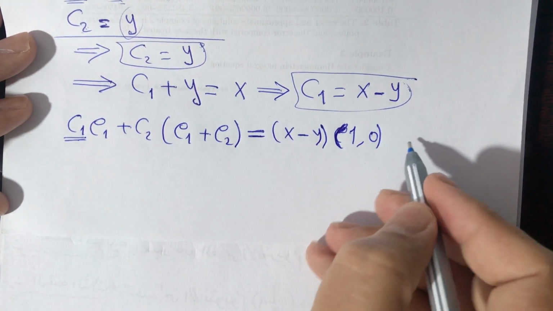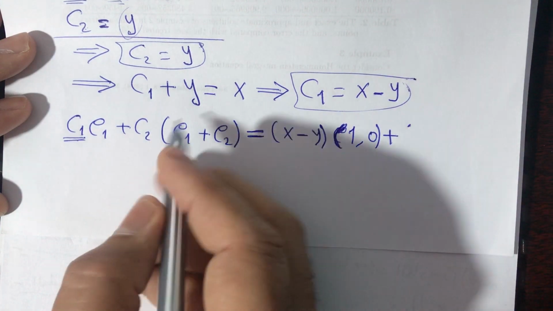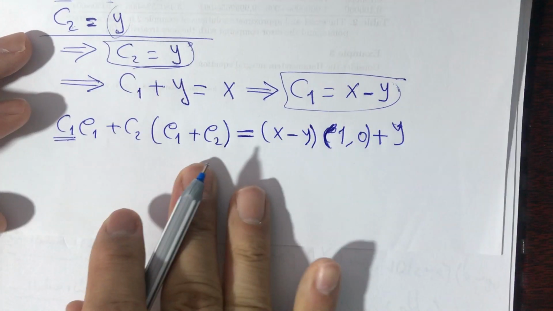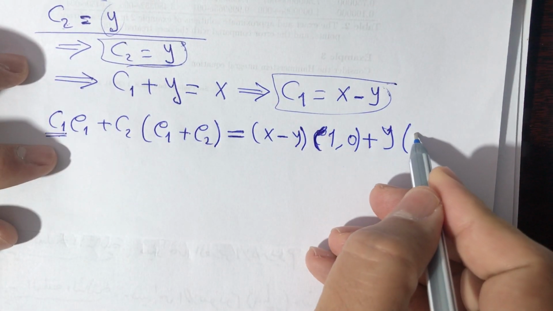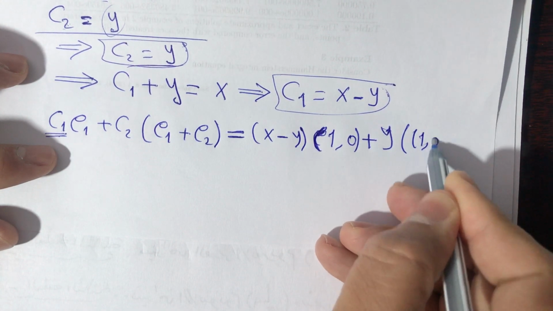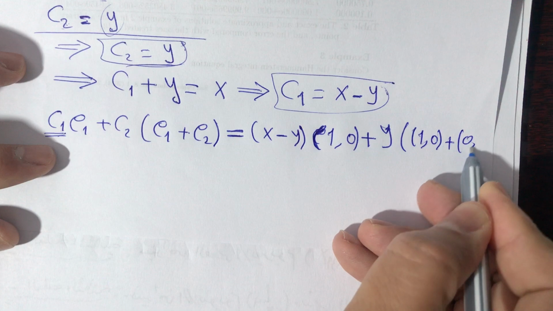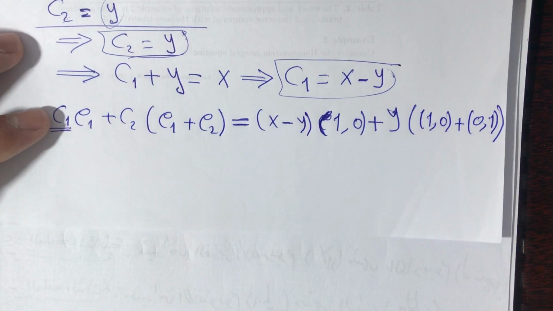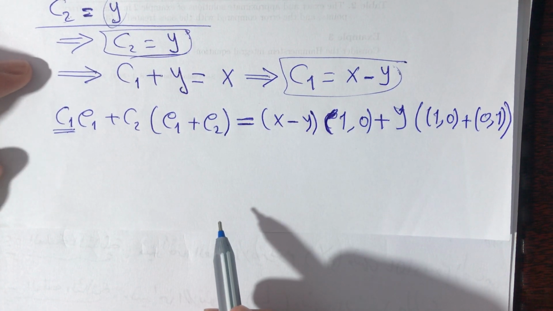Plus C2: C2 equals y, so put y, and instead of E1 put (1, 0), plus instead of E2 put (0, 1), and sum this.